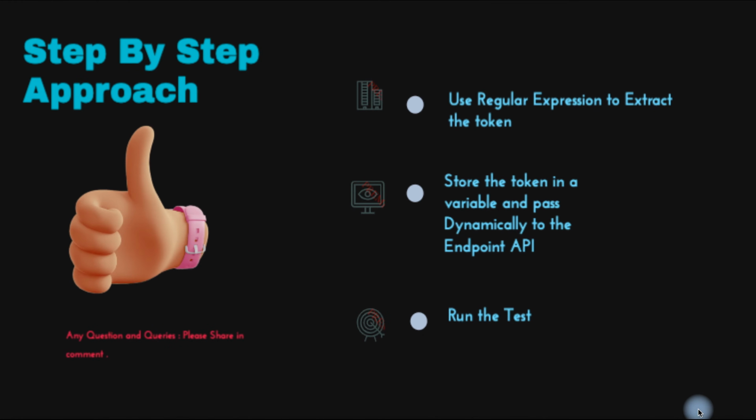Then we can run the test and validate whether it helps to get a valid token once the token expires. Let's see and understand the API details first. Then we'll see how to design the test plan in JMeter to achieve this solution.